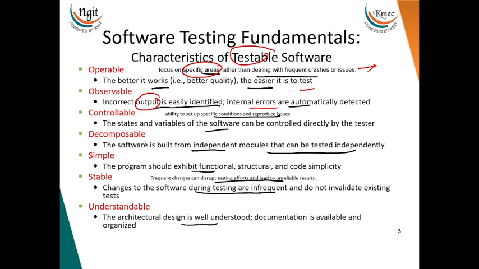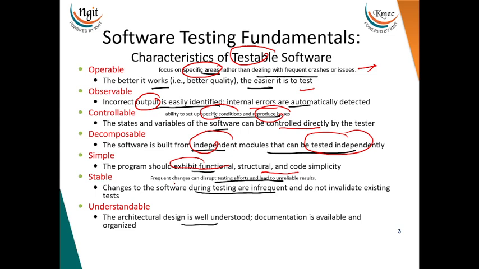Controllability: the ability to specify specific conditions and reduce issues. The state of variables, specific conditions. Software can be controlled directly by the tester. Decomposability: decompose the software, build it independently, and all the modules should be tested independently. Simplicity: the program should exhibit functional structure and code simplicity.